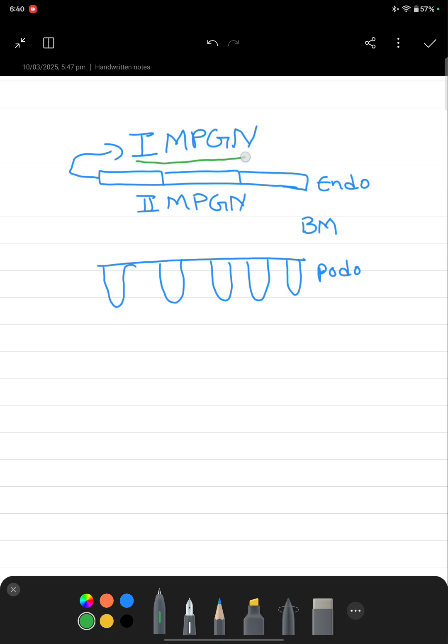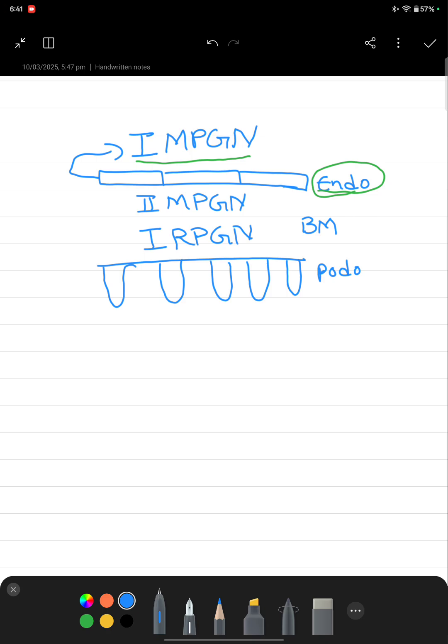Subendothelial deposits will be seen in only one type of glomerulonephritis, that is type 1 MPGN. In the basement membrane, that is intramembranous, we will see type 2 MPGN and type 1 RPGN.